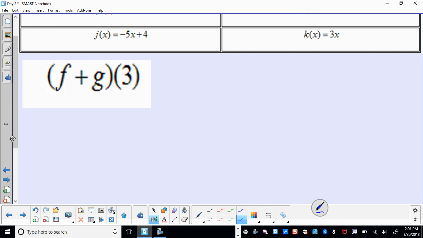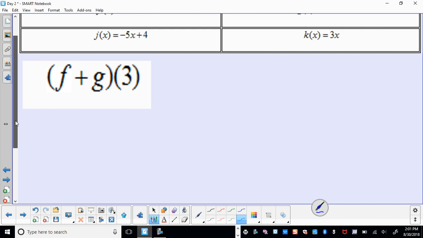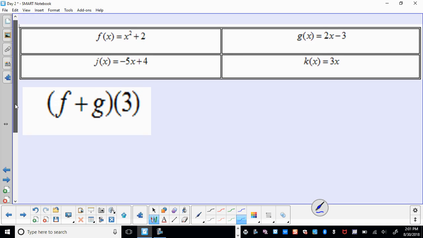But this way makes it look a little different and it confuses you guys, because this looks like you would write the f function plus the g function and then add on times 3 at the end. That's not how that works. I'll give you the wrong answer. So what we're going to do is f of 3 plus g of 3. That's how we rewrite it. All we did was just break it up so we cannot mess up.